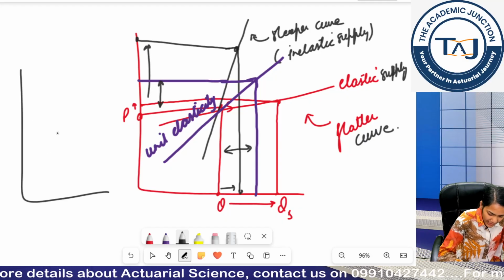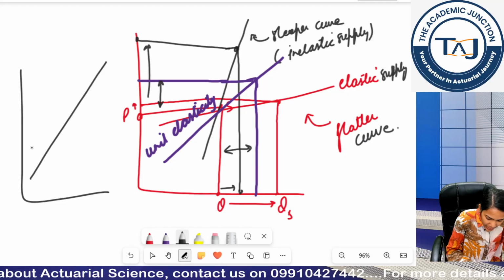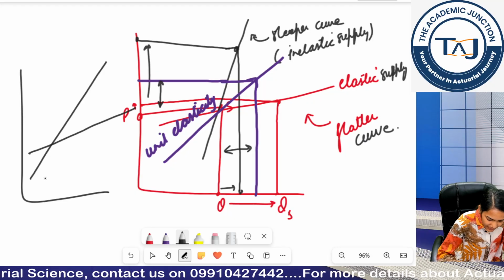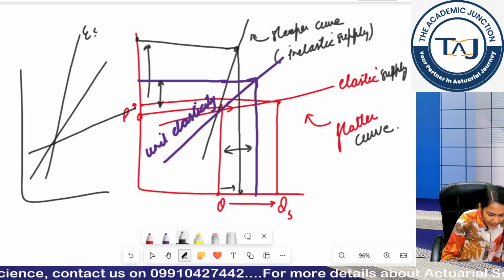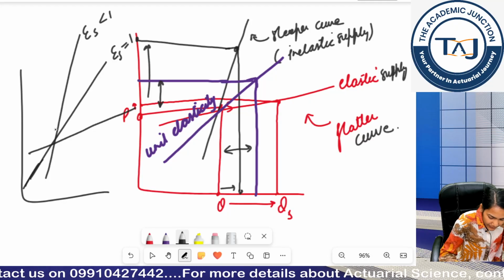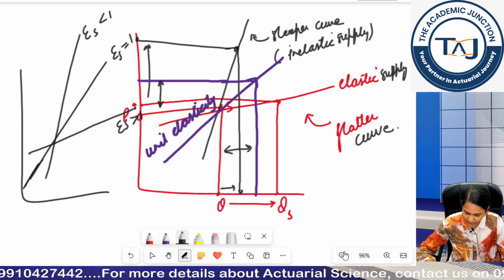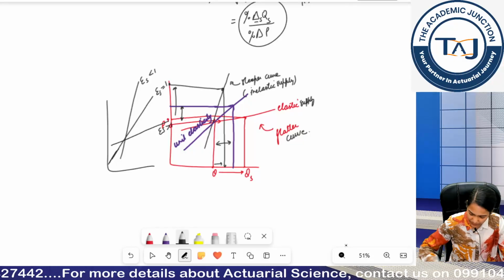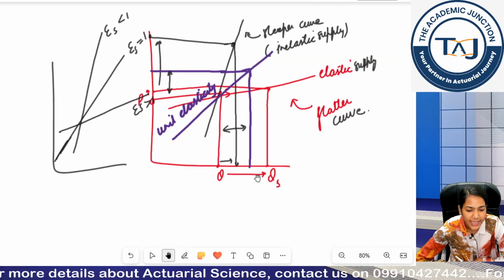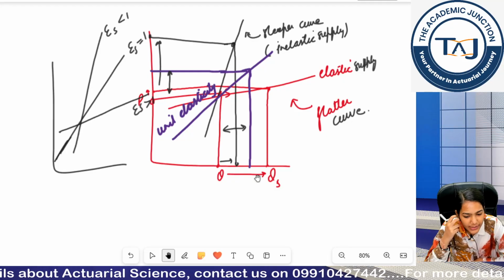So, if I draw three graphs, this is my unit supply, this is my elastic supply, and this is my inelastic supply. So, this is ES less than 1, this is ES equals 1, and this is ES greater than 1. Quickly draw this curve, and then we will move forward to the determinants of supply elasticity.